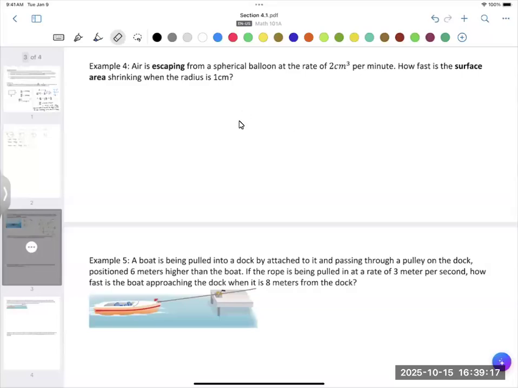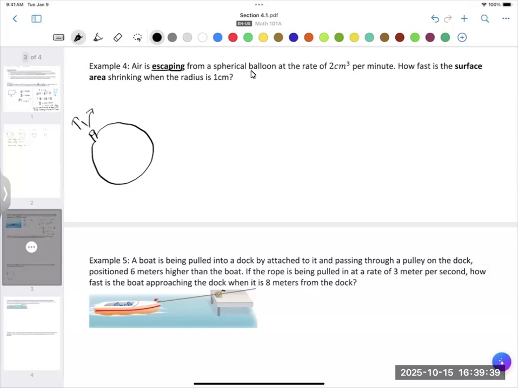Oh, now let's take a look at this example. Air is escaping from a spherical balloon at the rate of 2 centimeter cube per minute. So it means if you have a balloon, let's draw it, and the air is escaping, right?